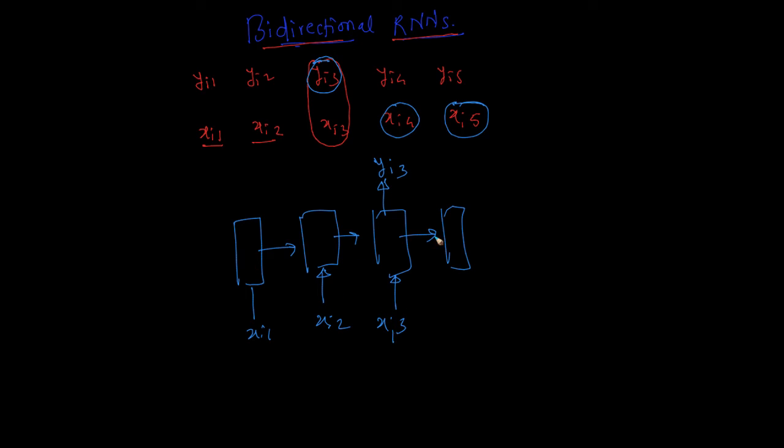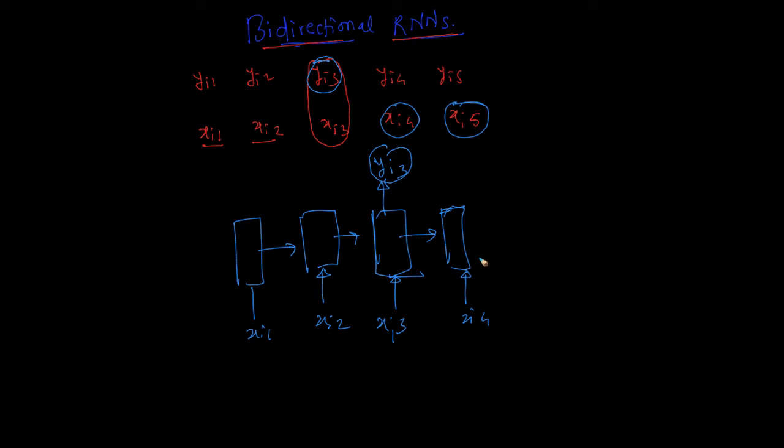If it depends on xi4, there is no provision to give xi4 as input so that yi3 can be computed from it. This was the problem with unidirectional RNNs.